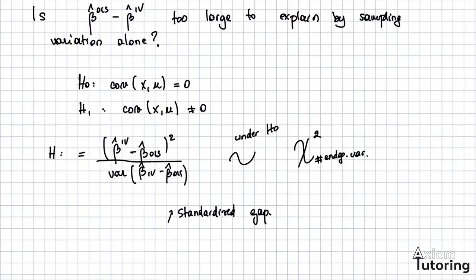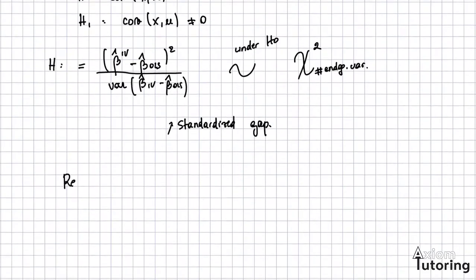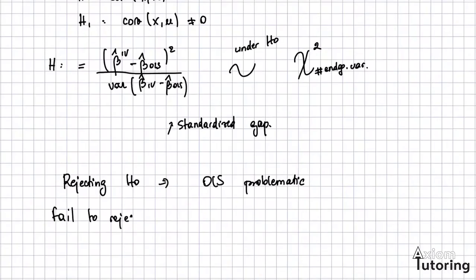Now, note the asymmetry. Rejecting tells you that OLS is problematic. But failing to reject the null hypothesis doesn't prove that actually OLS is valid.